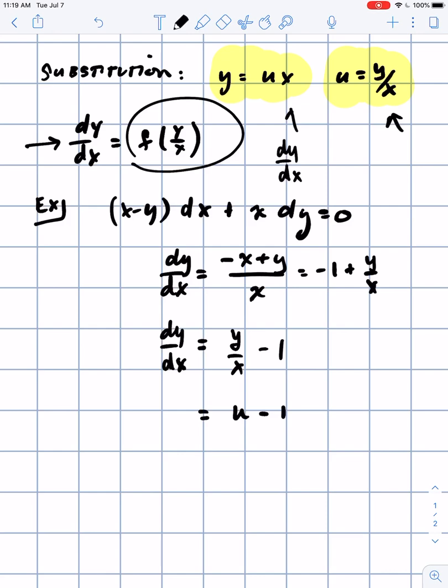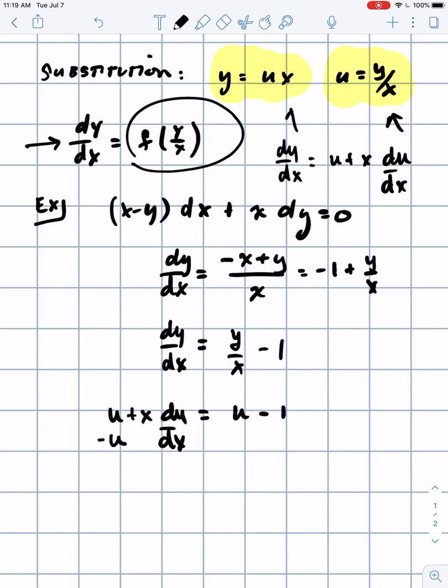So if I take the derivative with respect to x, I'll get u plus x du over dx. Okay, so let's substitute there: u plus x du over dx. And now I have the two variables that I want.